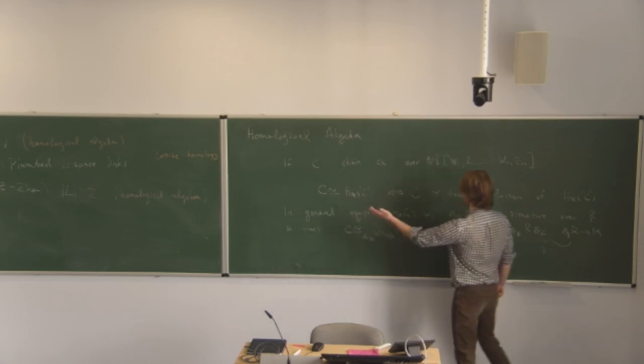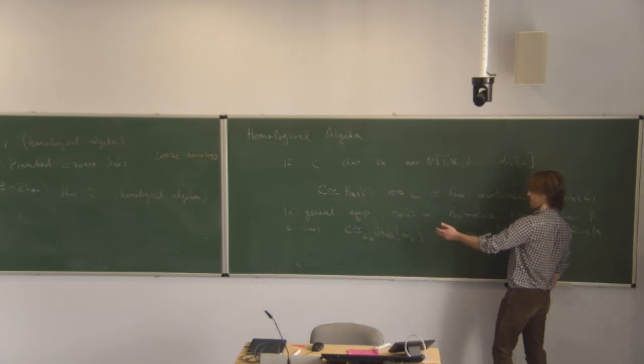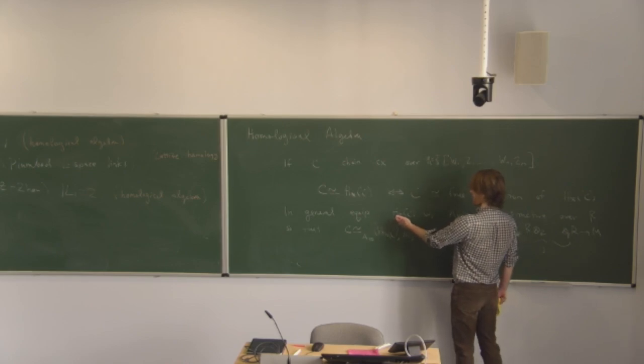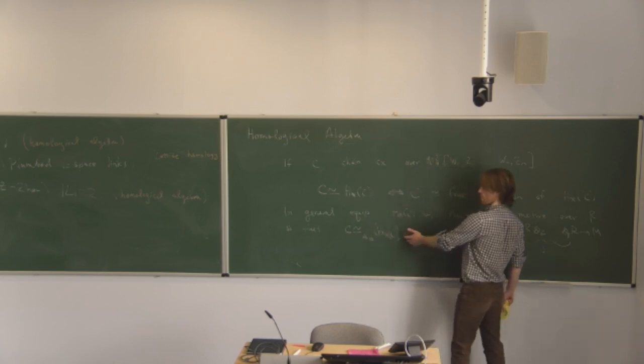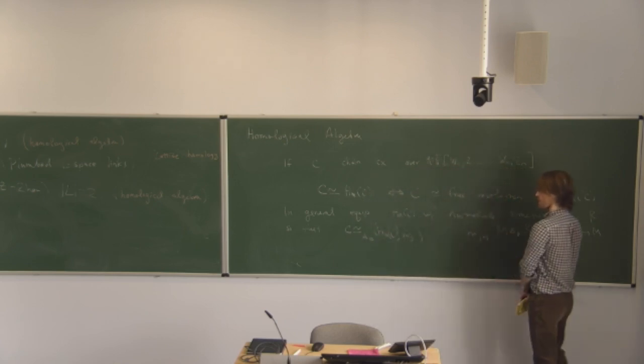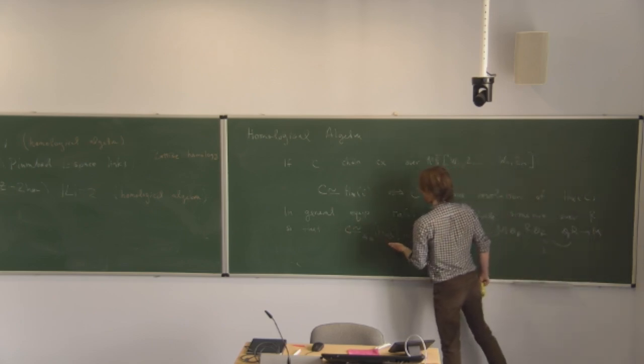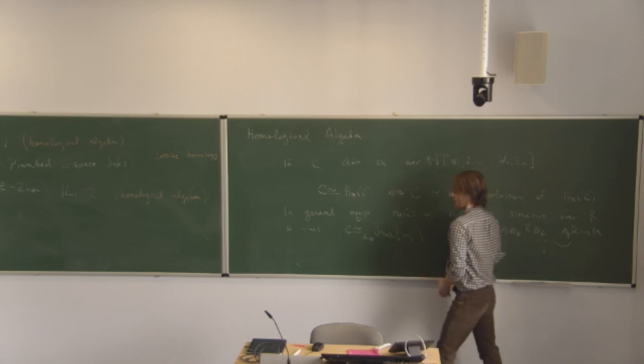In general, there's homological perturbation theory, which says that a chain complex might not be equivalent to its homology with just M_2, but you can always add some higher actions to it so that you do get an equivalence of A infinity modules.